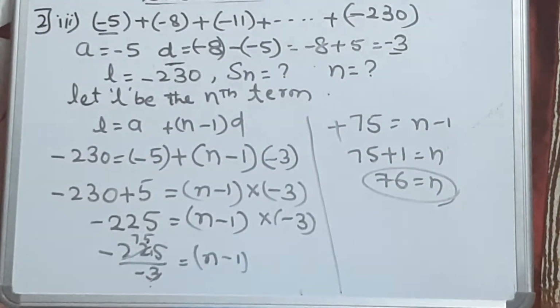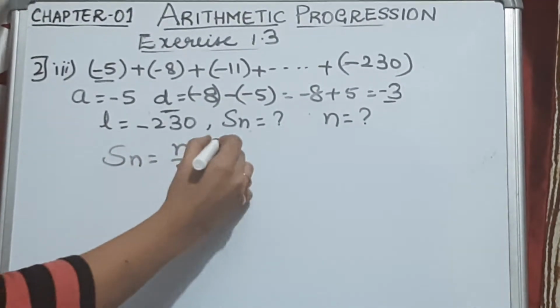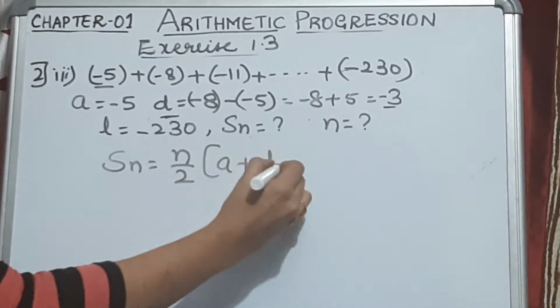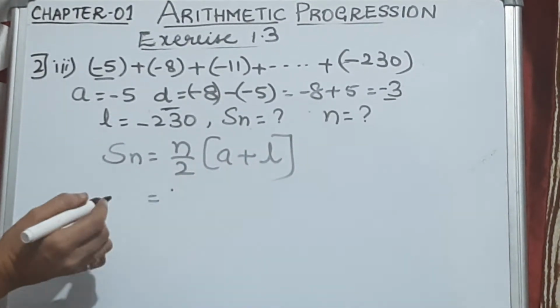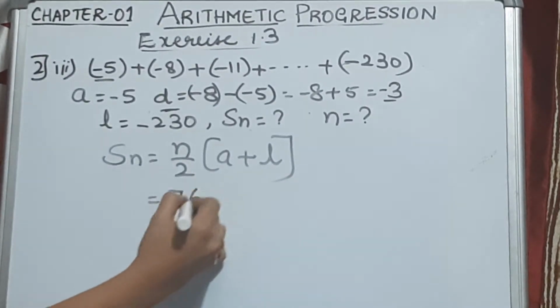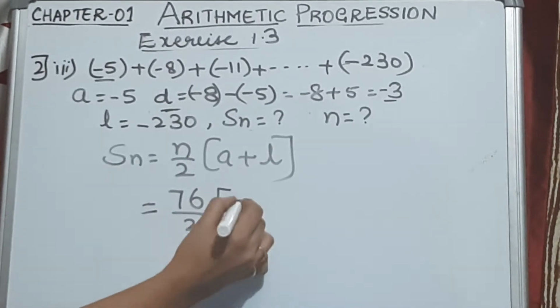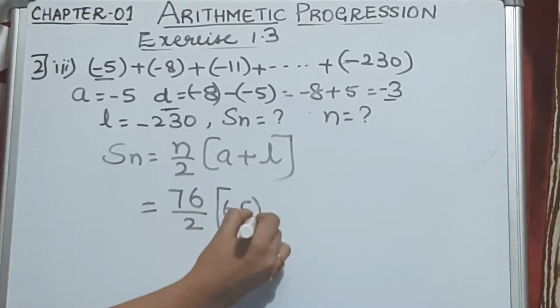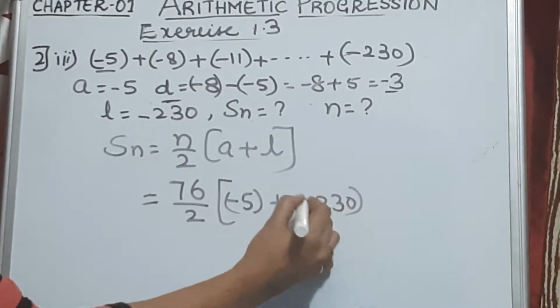Now Sn we have to find out. Sn is equal to n by 2 into (A plus L). We got n as 76, so 76 by 2, which is 38. A is minus 5 and L is minus 230.